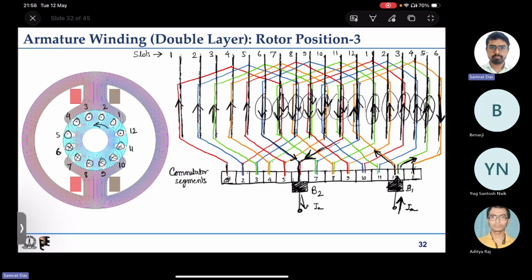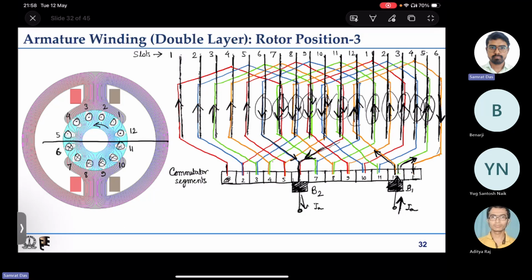So here we will have to indicate cross. So here again you see this is the magnetic neutral axis. All the coils on the upper side are carrying dot polarity of current, and all the coils on the bottom side are carrying cross polarity of current. That is what we needed.